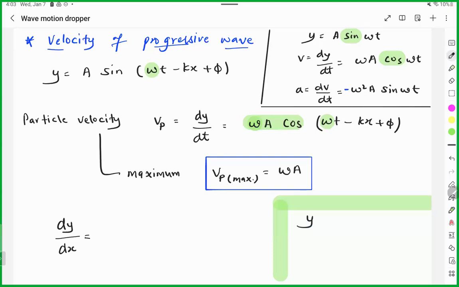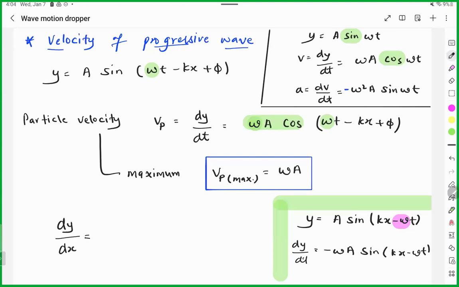See, if y is equal to a sine kx minus omega t, let's take this, and you are differentiating with respect to time, then the front part will come out, minus omega a sine kx minus omega t.